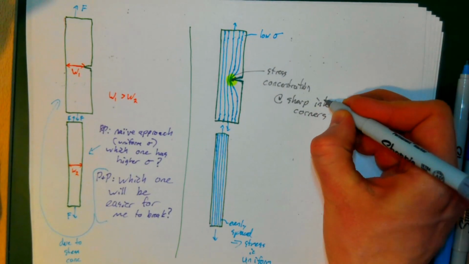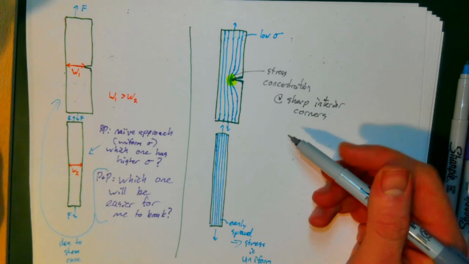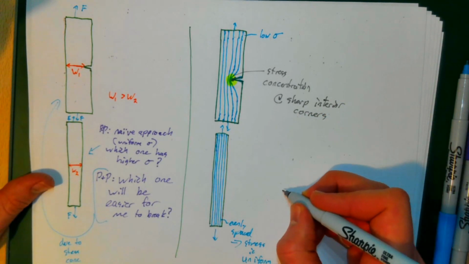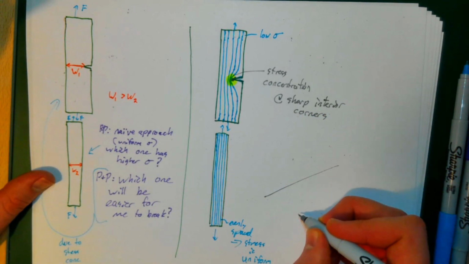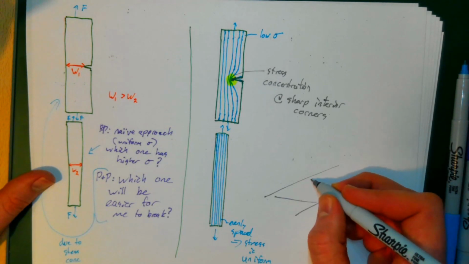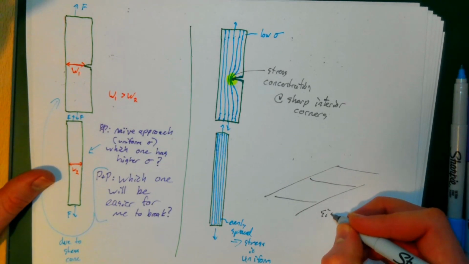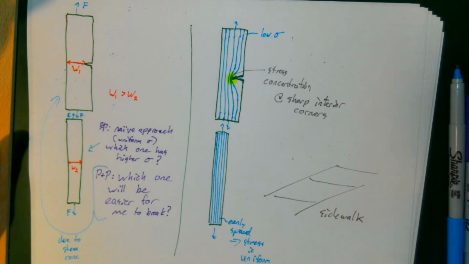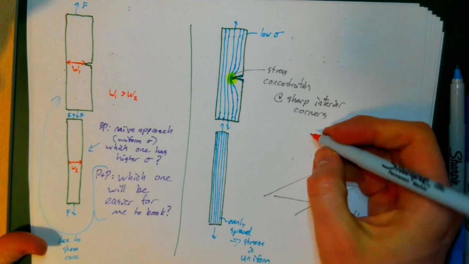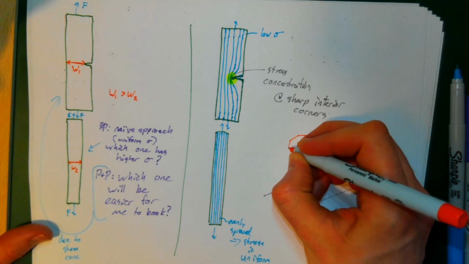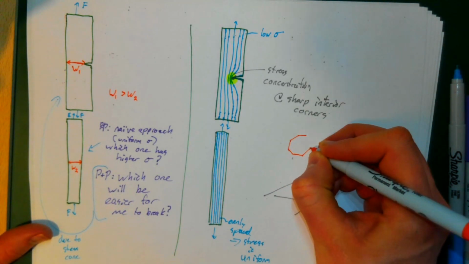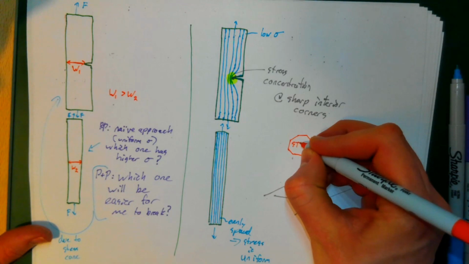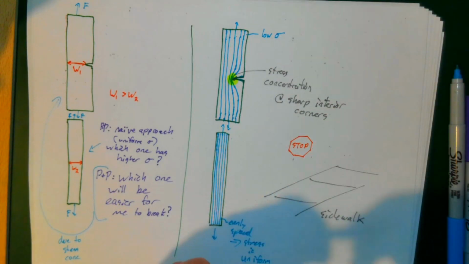And you can see this in your everyday life. So, if you're walking down the street, let's say here's the sidewalk, and you might see, let's say, a stop sign right here.